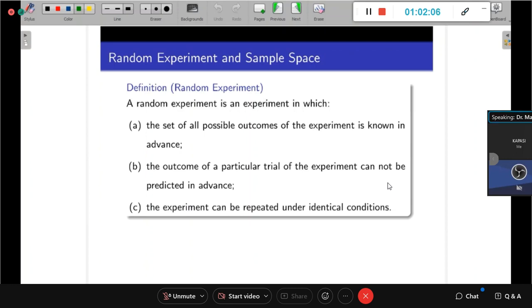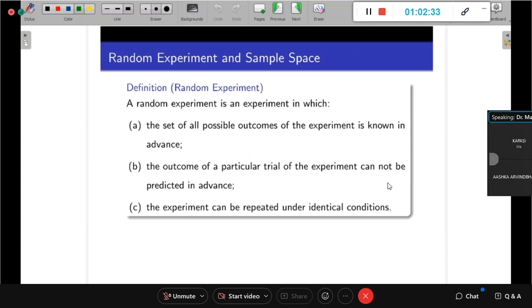Now if you mix up some of the colors, suppose you know in the bag there are red balls, white balls, and green balls. If I put my hand inside your bag, what is the chance that I will get a white ball? This is an indeterministic experiment.